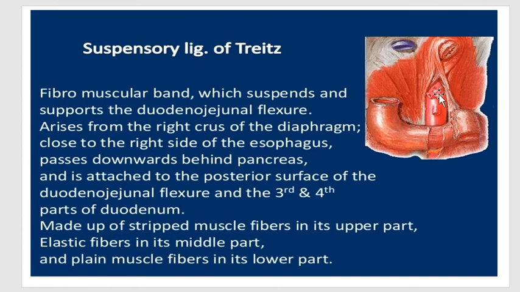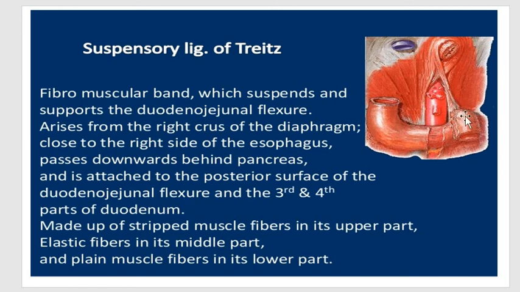Now what is the function of this ligament of Treitz? When it contracts, the duodenojejunal flexure goes up and the angle of the duodenojejunal flexure, the angle between the third and fourth parts of the duodenum, increases.